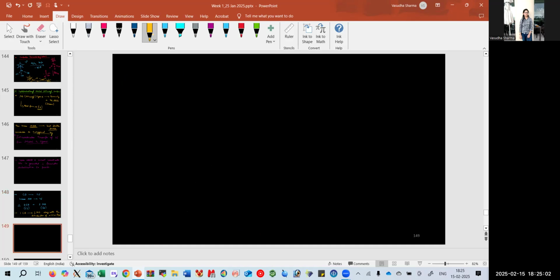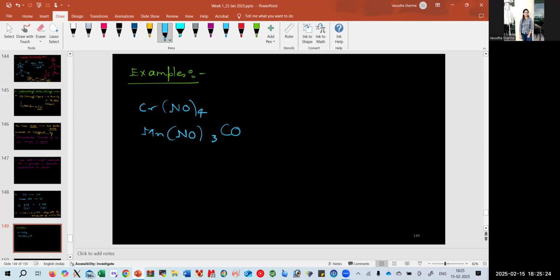Moving ahead, there are certain examples of such complexes like chromium nitrosyl 4, Mn NO 3CO C5H5. I was talking about some half sandwich complexes where CO is there, nitrosyl group is also there.